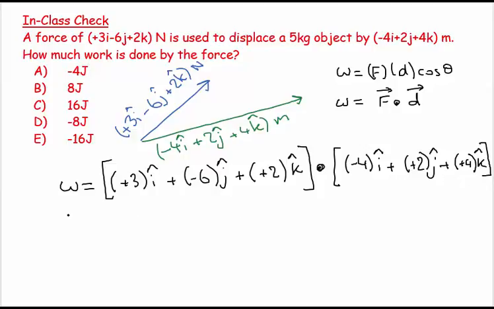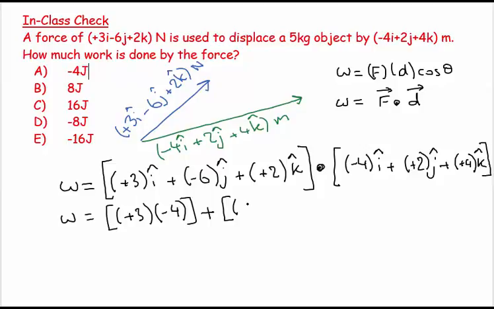So then how do I do a dot product? What I do is I take the coefficient of the first vector and multiply it by the coefficient of the second vector. So this would be plus 3 multiplied by minus 4. And that's my first value, added to.